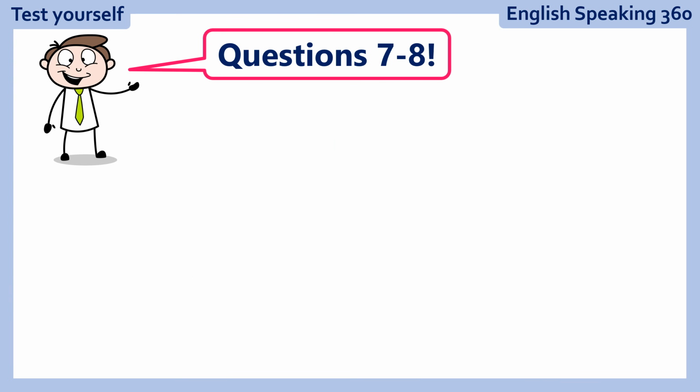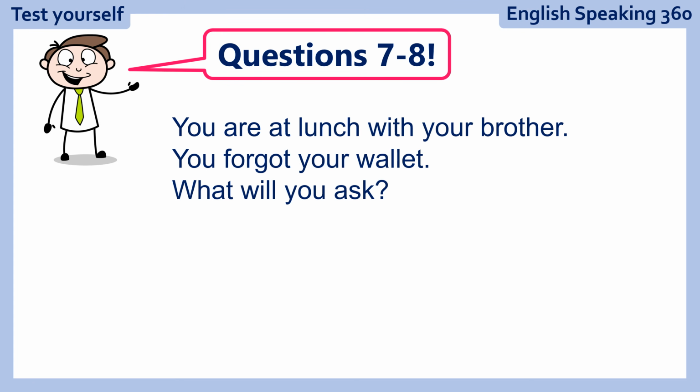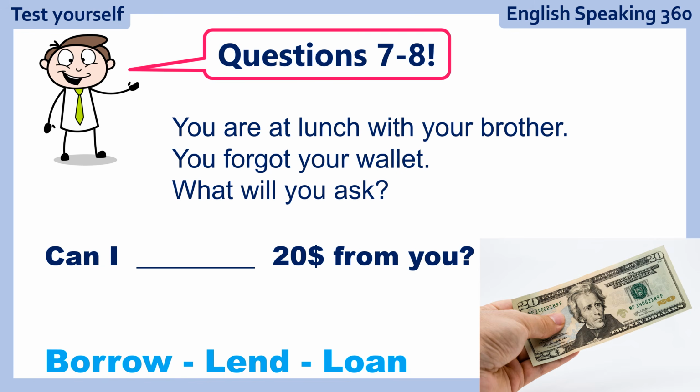Questions 7 and 8. Here we go. You are at lunch with your brother, but you forgot your wallet. Yeah, maybe you did it on purpose. I'm not sure. But what will you ask your brother? Here's the sentence. Can I blank $20 from you? Can I borrow $20 from you?